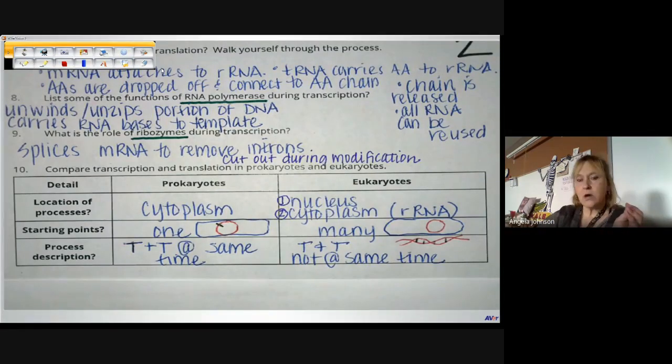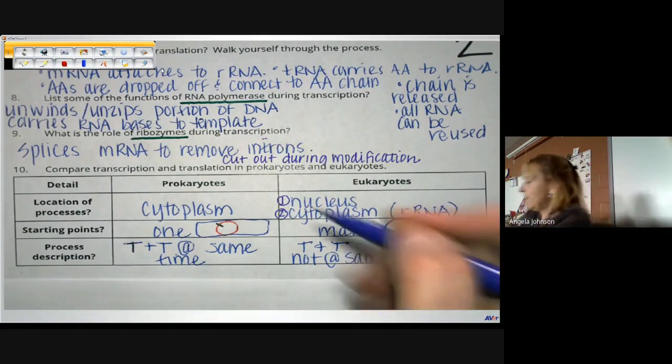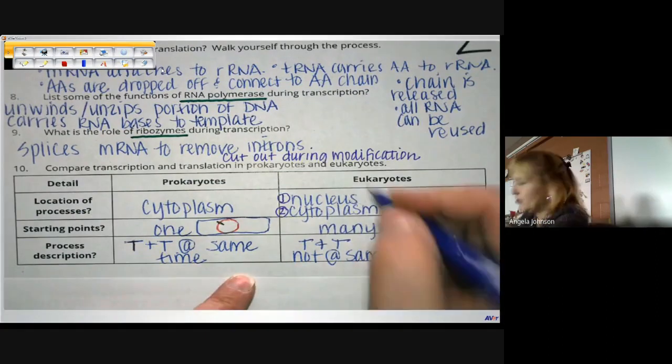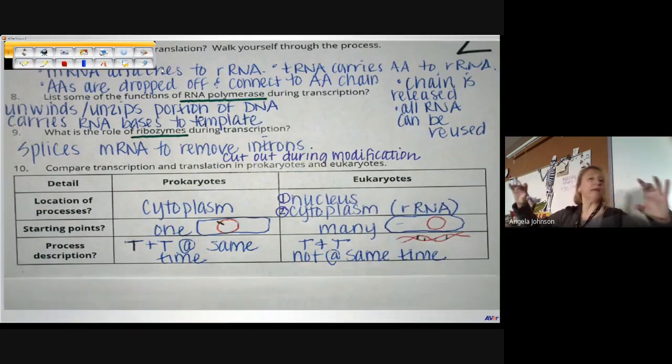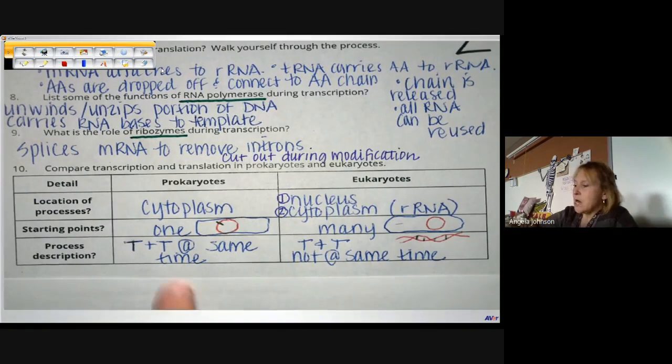In eukaryotes, we have many starting points. When I showed you, it can open up at any point along the DNA strand. The difference in the actual process, there's a big difference where in bacterial cells, transcription and translation happen at the same time.